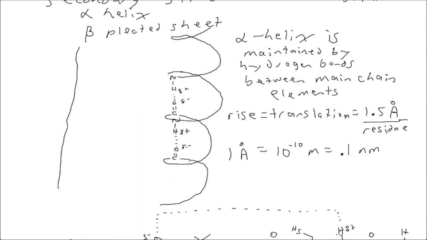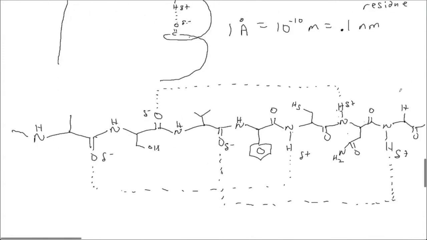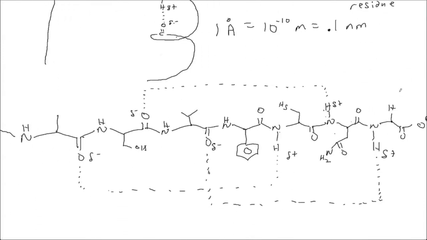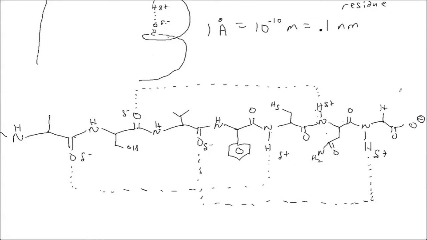Remember, what's a residue? Is that an amino acid main chain? A residue is just a name for one of the amino acids in a peptide. So for example, how many residues do I have drawn here? Seven.